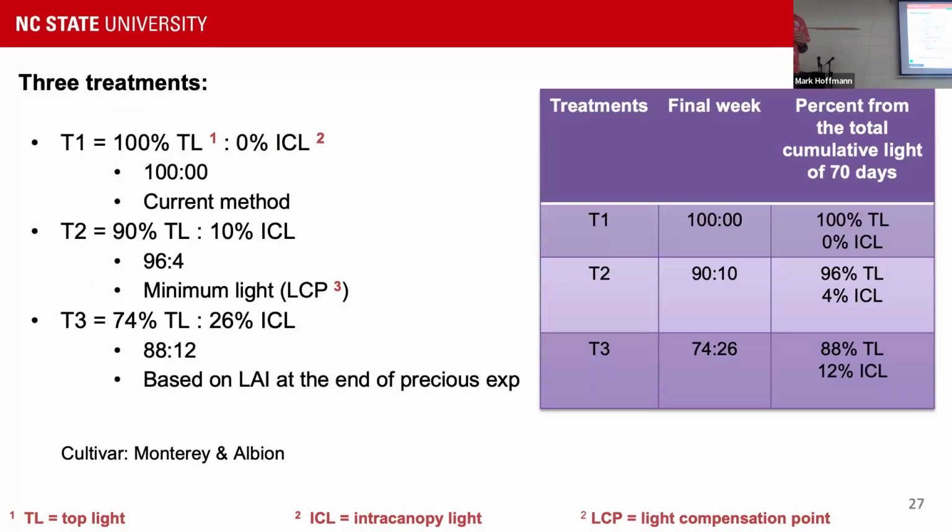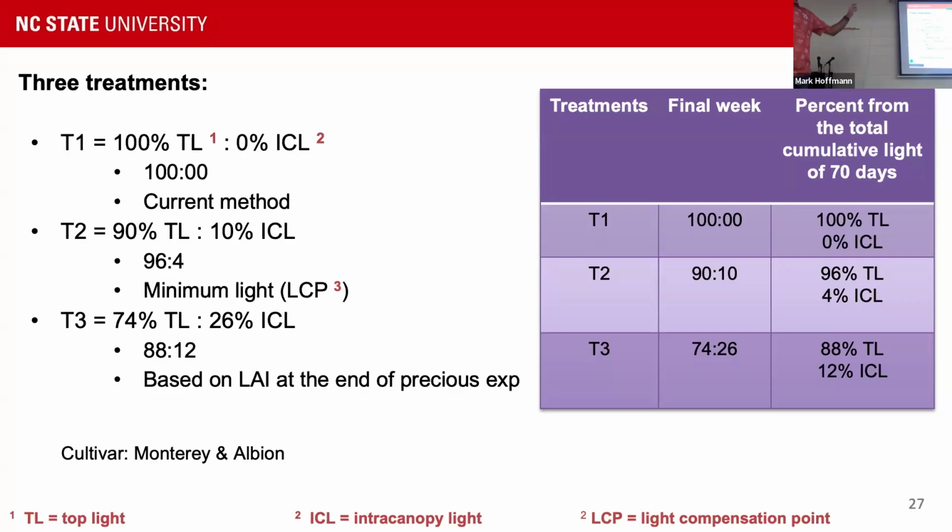We had actually 4 treatments. I decided to present 3 of them because the 4th one was a dynamic lighting and it's really hard to present in this amount of time. So the first one, we had 100% top, which is the normal method that we were doing before.